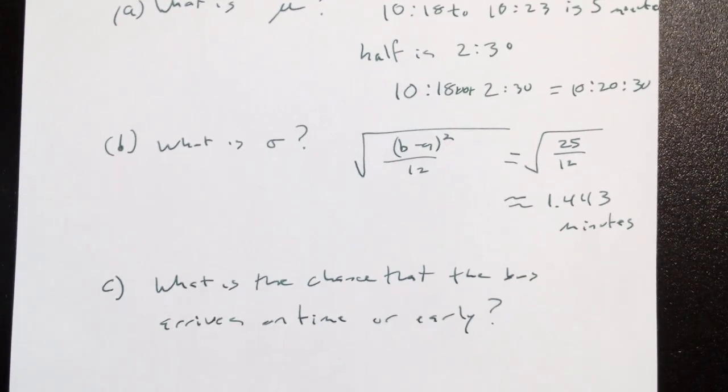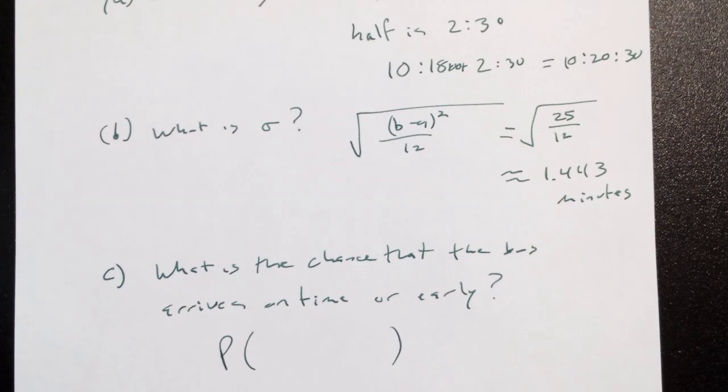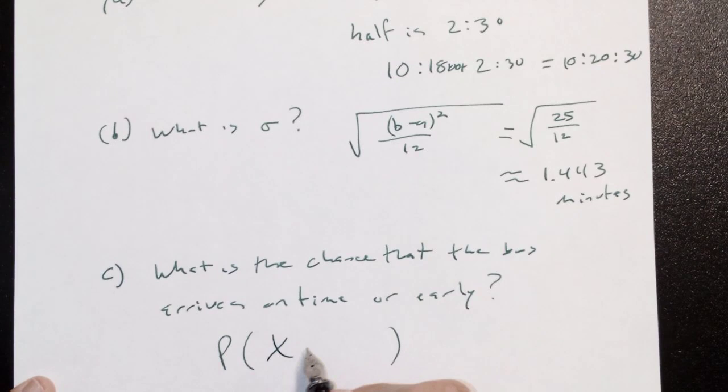Let me turn that into a probability setup, the P of something. What's the chance this bus arrives on time or early? Aha! My arrival time should be less than or equal to 10:20.